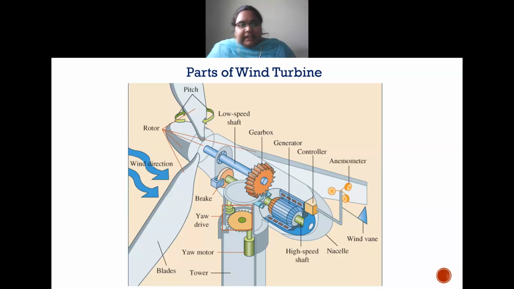Now coming to the inside, low speed shaft. If you remember, when you went to the engineering workshop, you might have encountered different types of machines, right? There you might have seen an induction machine, synchronous machine, DC machine, and all those things. Can you remember what is the rotational speed of those machines? The speed of those machines will range from 1500 RPM to 3600 RPM.